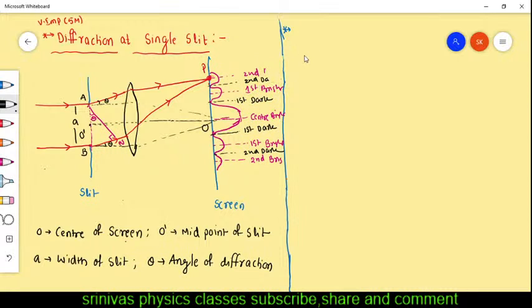Now the phase difference between the two light waves you got is pi. What is happening here?